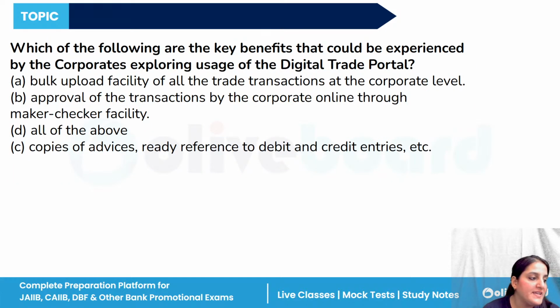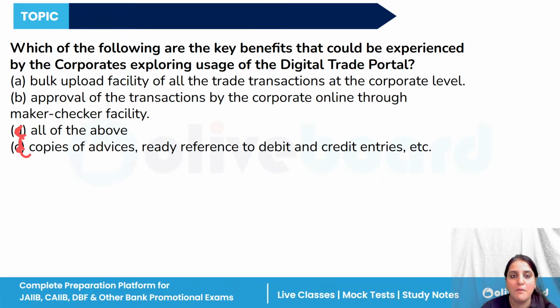Which of the following are the key benefits that could be experienced by the corporate exploring usage of a digital trade portal? This is C, this is D, they are interchanged.